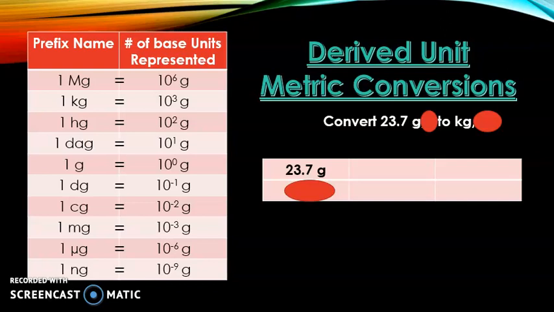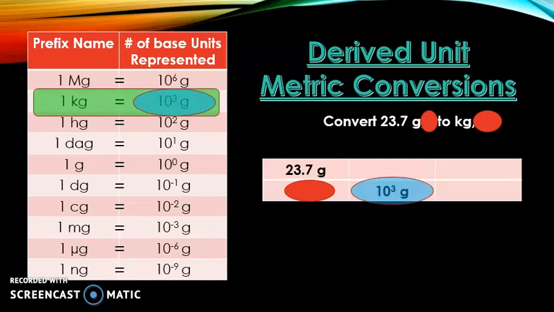We're going to go through the same steps that we've always done. The next step is to take the grams that I'm given, and I don't want them anymore, so they're going to slip down to the bottom of that next box. Then I'm going to go shopping for a metric conversion between grams and kilograms, and I have that right here. Next, put the numbers in the correct spots. In front of grams goes the number 10 to the third.